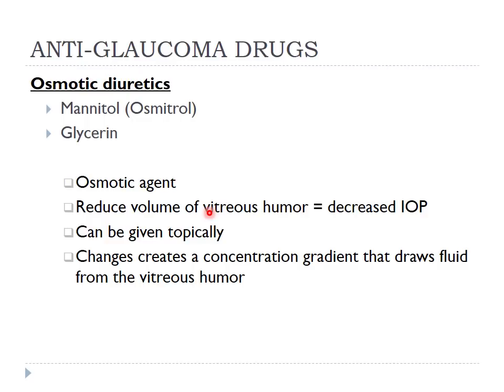So if we have a very concentrated medication that has a high osmotic property, then it will draw fluid that is of a lower concentration to it. And that's where we get this reduced intraocular pressure by reducing the volume. In more definitive terms, we say it changes the concentration gradient that draws fluid from the vitreous humor.